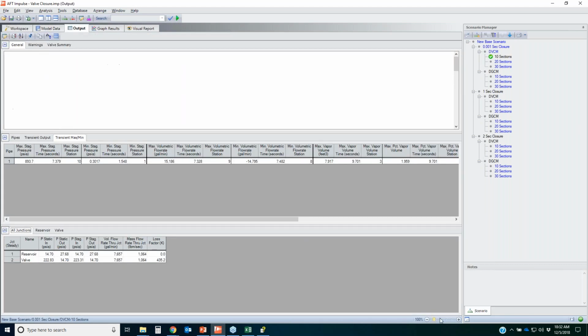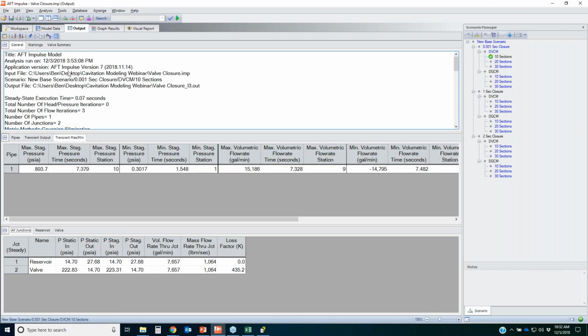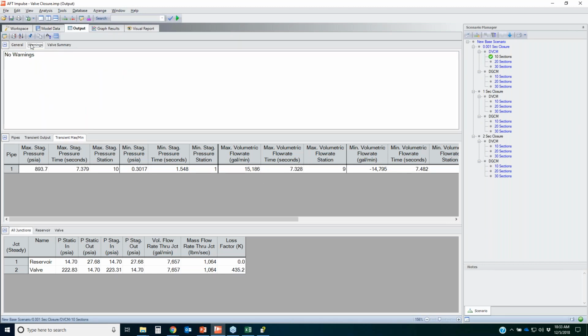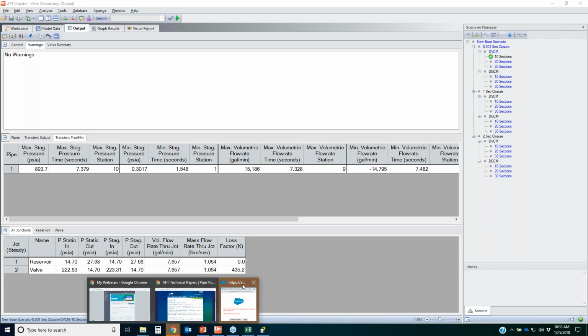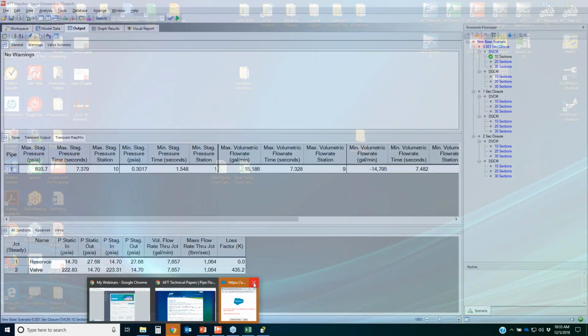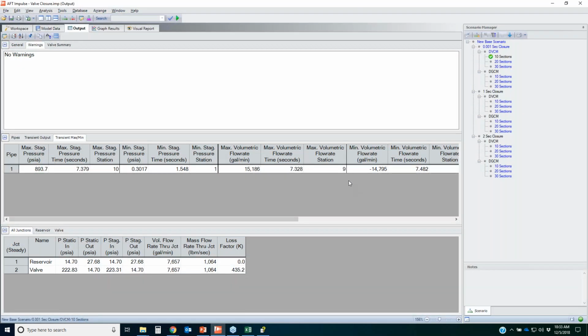If you look at the results here for the output, well, the good news is you don't see any warning messages. But just because you don't see any warning messages does not mean that your results are good. You can have some significantly problematic results without having any warning messages at all.